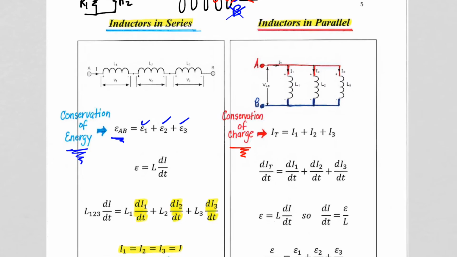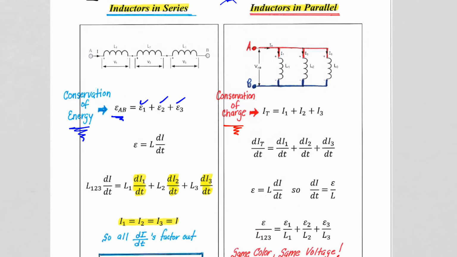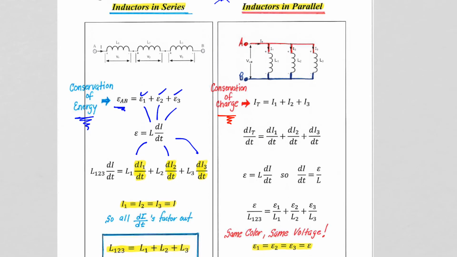Well, if we then sub in the L di/dt for each of the terms 1, 2, and 3, we get our result here for L di/dt, L di/dt, L di/dt. We can note that for any device in series, the current must be the same through all three devices.